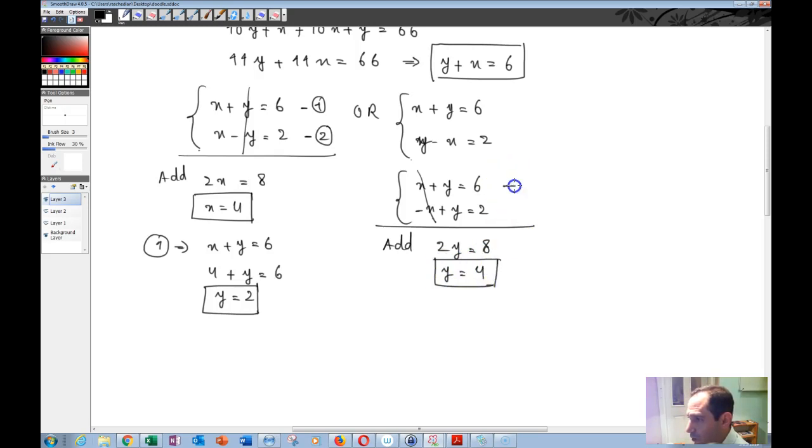And then take the first equation, x plus y is equal to 6, and set y is equal to 4 here. And then your x is equal to 2 here. So either x is equal to 4, y is equal to 2, or x is equal to 2, y is equal to 4, right?